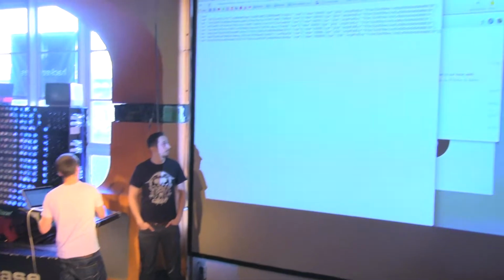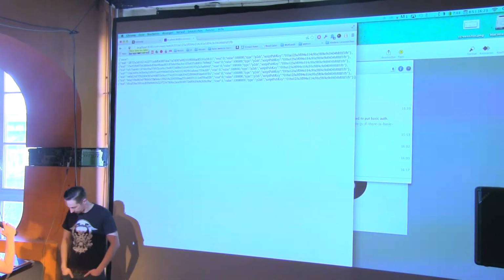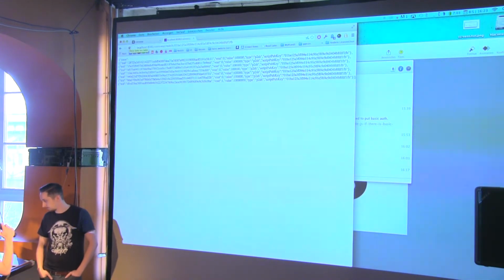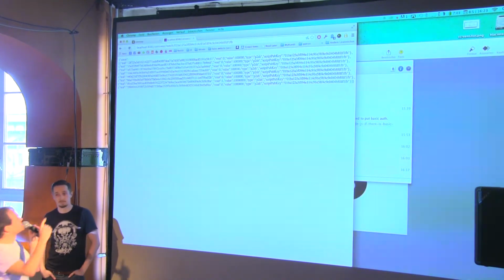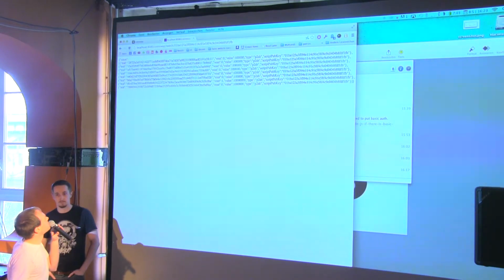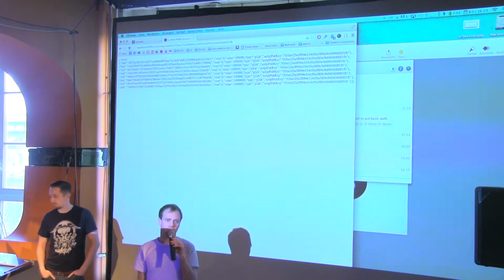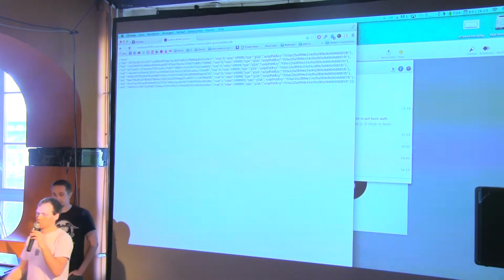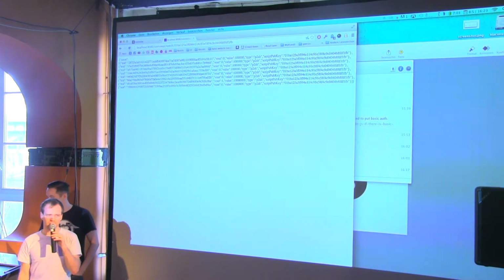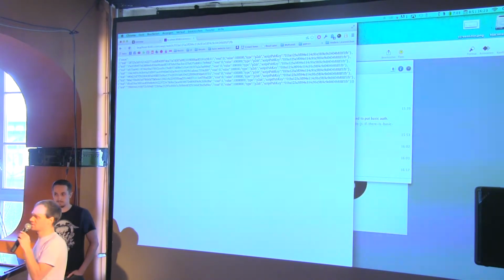If I refresh, you can see the new transactions, that's the one I paid now during the demo. There it is. And what we do later is we take these transaction outputs and sign them with the Bitcoin protocol, and give you in the browser your final co-signed redeem transaction.